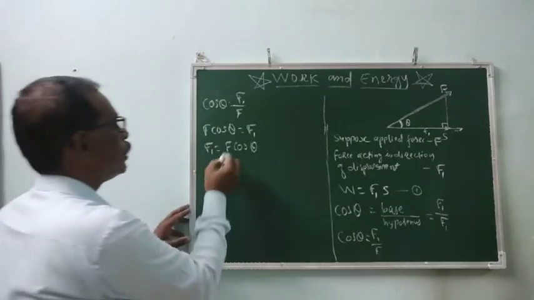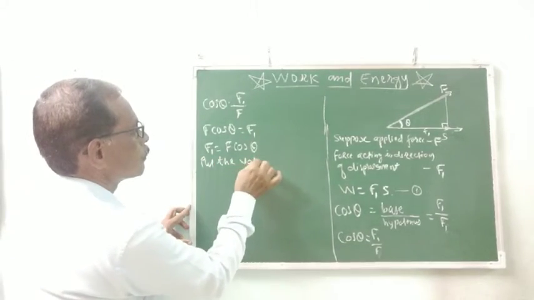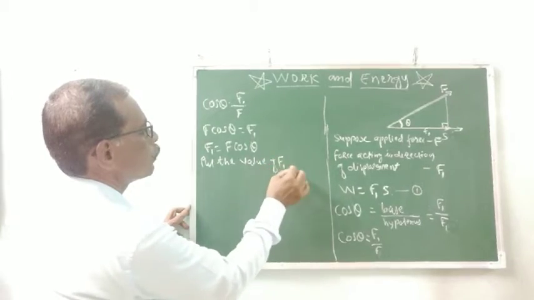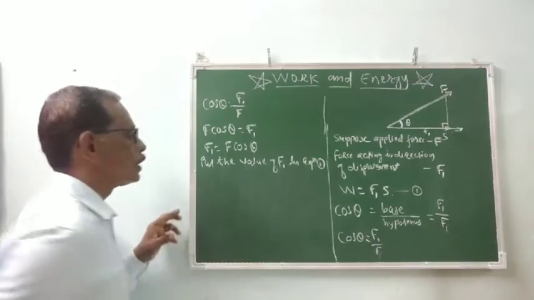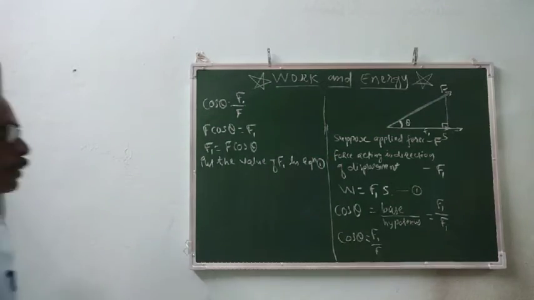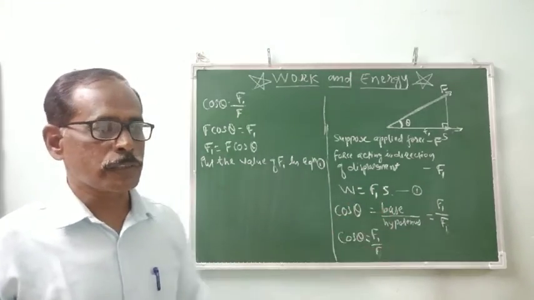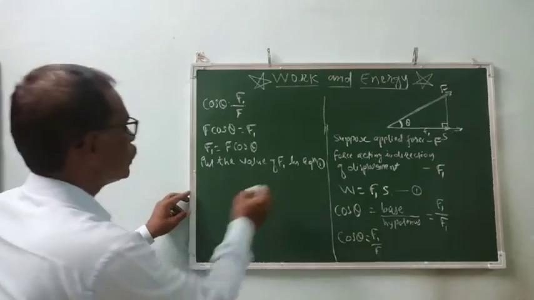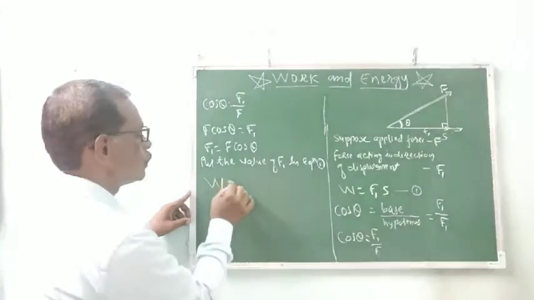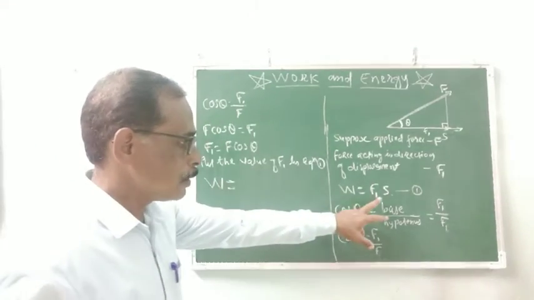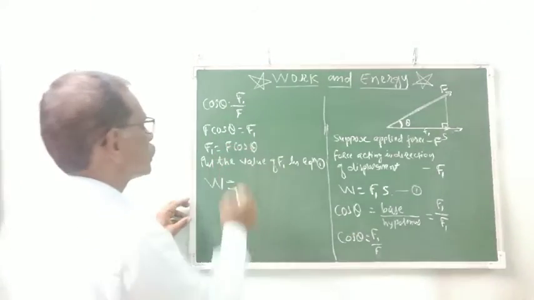We put the value of F1 in equation 1. म्हणजे F1 ची जी किंमत आपल्याला मिळाली ती आपल्याला एक क्रमांकाच्या इक्वेशन मध्ये लिहायची आहे. So we'll write that. What is equation number 1? That is W equal to F1 into S. Now we have the value of F1, that is F cos theta.